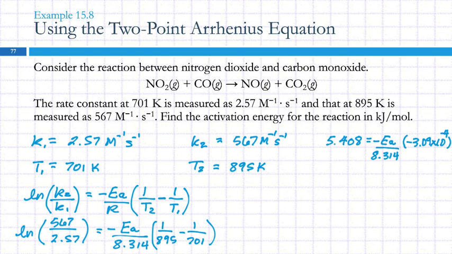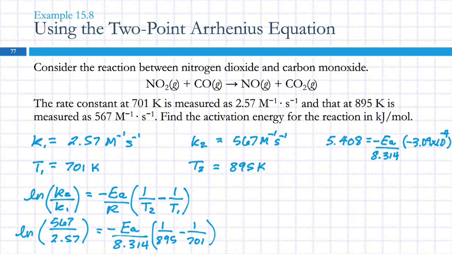1 divided by 895 minus 1 divided by 701. I got the right side, but I didn't get the left side. Yeah, the right side's right, but for the natural log of K2 over K1, I got 5.39. Me too. No, 5.39.